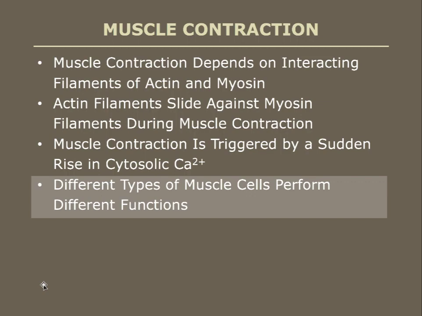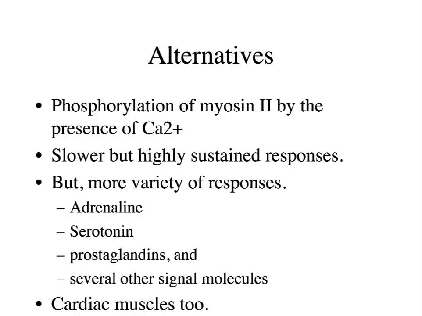Finally, we mustn't forget that smooth muscle cells and cardiac muscle cells also exist inside most vertebrates. The way that nature has come up with different solutions is fascinating. So with smooth muscles, phosphorylation of myosin 2 takes place in the presence of calcium.